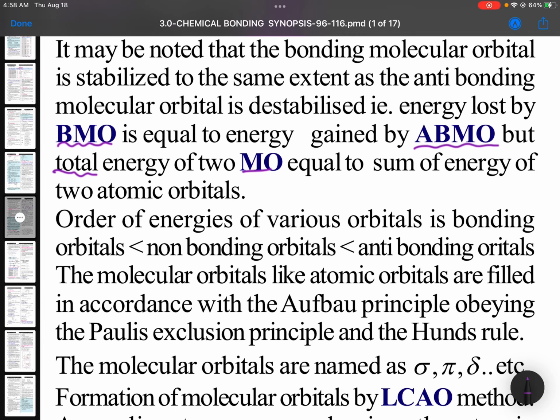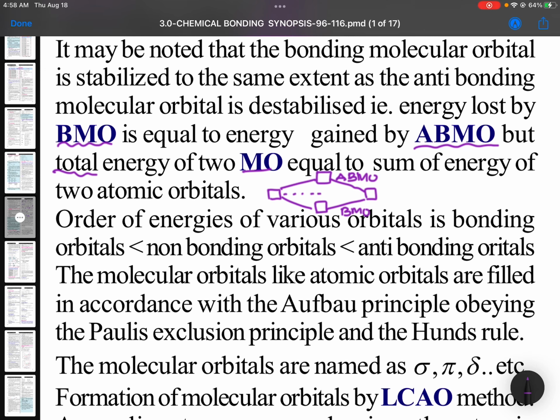This we can show with one simple diagram. For example, this is one orbital, this is another orbital. They are joining to form one bonding molecular orbital and one anti-bonding molecular orbital. This is ABMO, this is BMO.